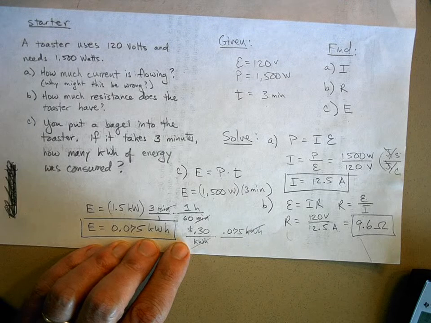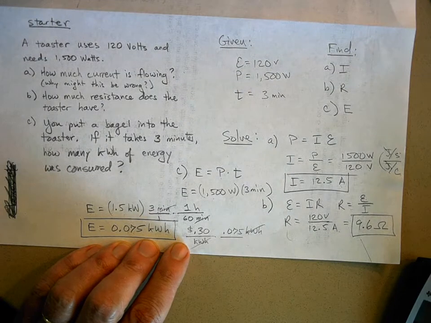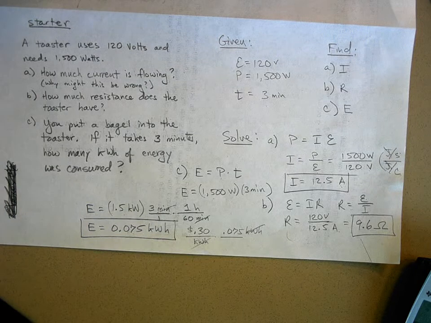So 0.3 times 0.075 equals 0.0225, or about 2 cents.